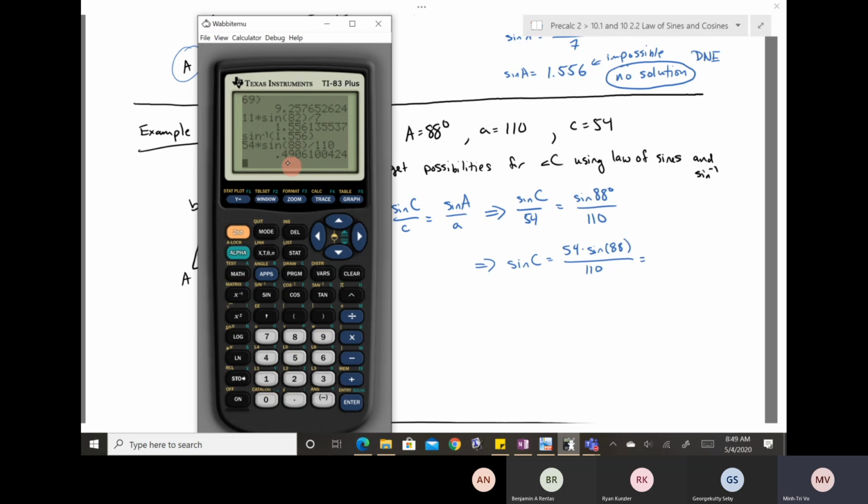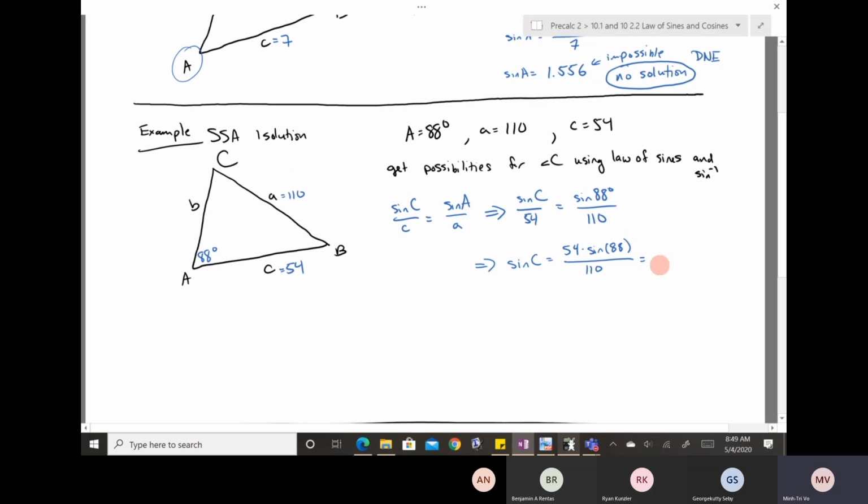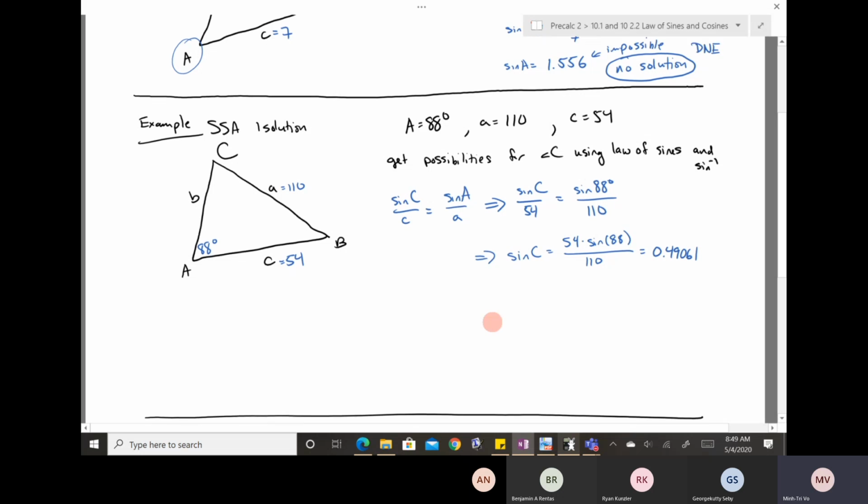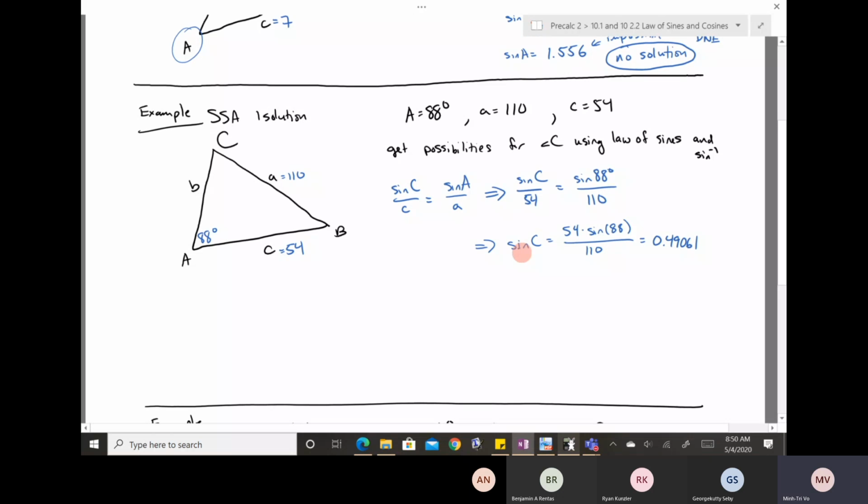So you see now this is okay, because now I have a number that's smaller than 1. To reduce the amount of error, let's take 5 decimal places here: 0.49061. But again, this is just the sine of the angle. To get the angle itself, I need to do the inverse sine.